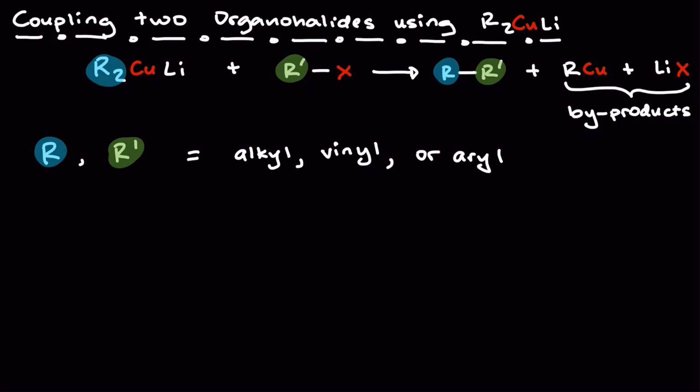The power of this reaction is the versatility and the robustness of the substrates that you can use. Both the R group that is on the lithium dialkylcuprate and R prime, which is on the organohalide, can be any combination of alkyl groups, vinyl groups, and aryl groups, which means a wide variety of carbon-carbon bonds can be formed.